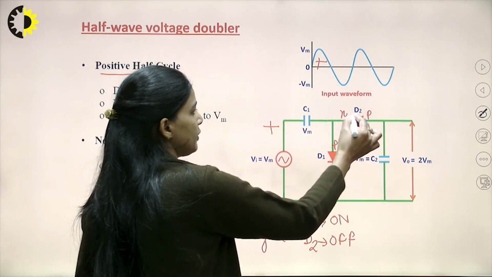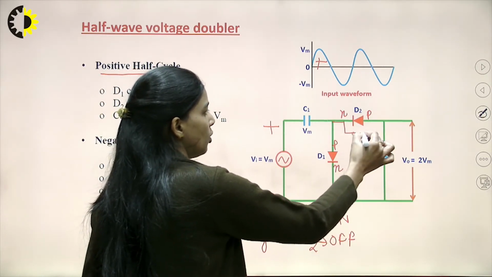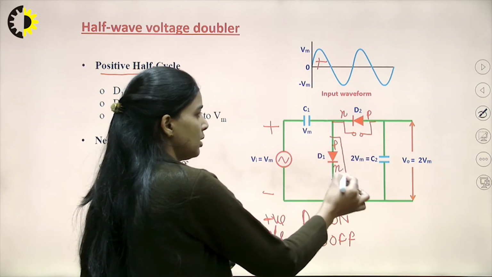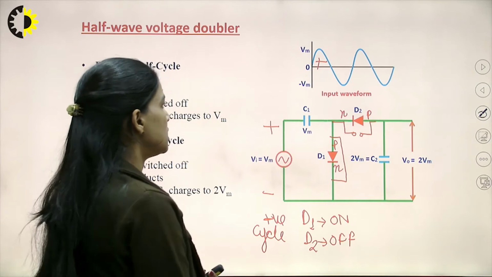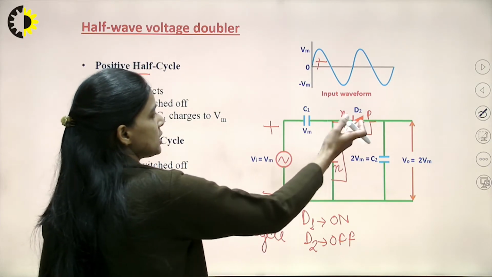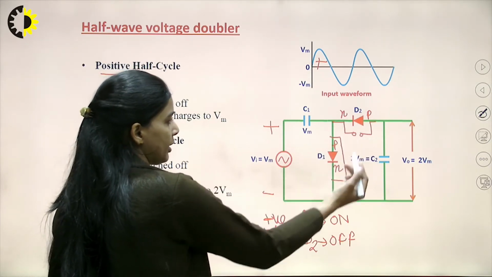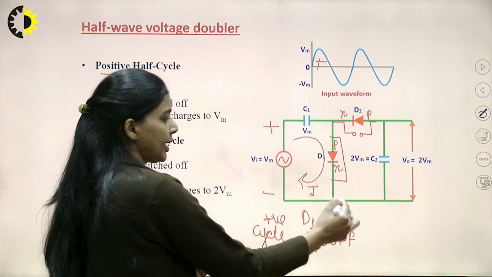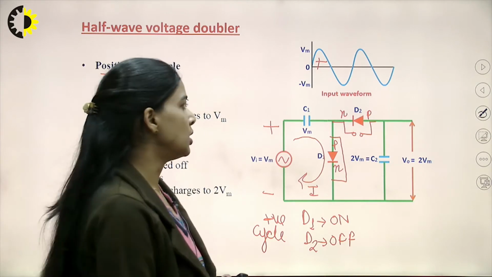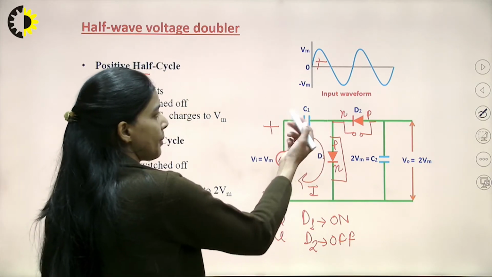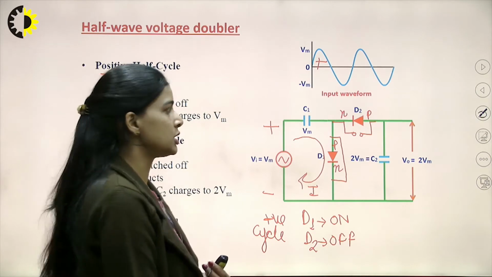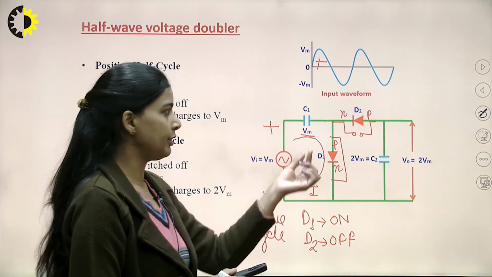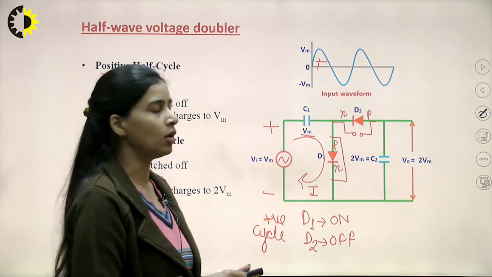So at the place of D2 we will have an open switch, and at the place of D1 we will have a closed switch. There will be no flow of current in the open branch. Through the closed circuit there will be a flow of current, let us say I. With the flow of current, capacitor C1 starts charging and it charges up to the value Vm, that is the maximum peak value of the input.